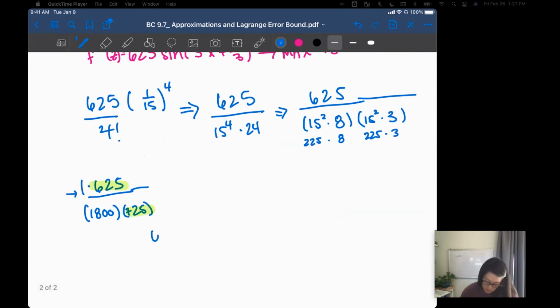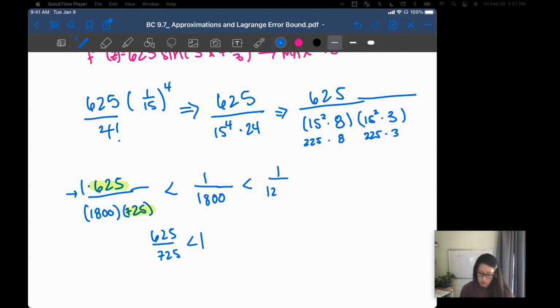So 625 over 225 is already less than 1. So I know that the fraction 625 over 1800 times 225 is less than 1 over 1800, which therefore must be less than 1 over 1200.